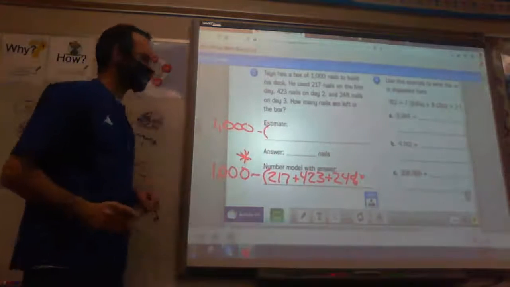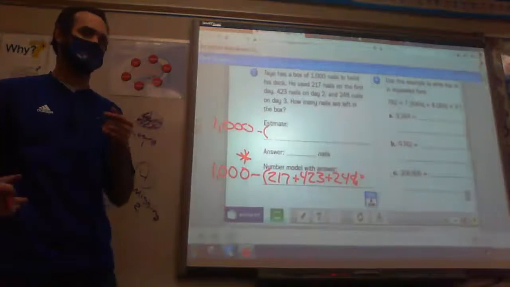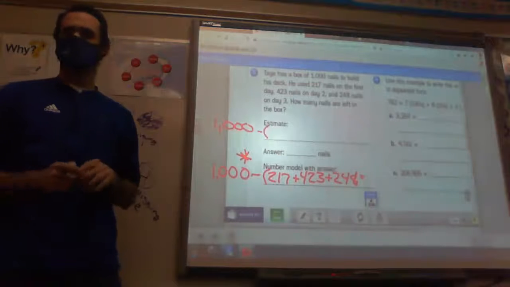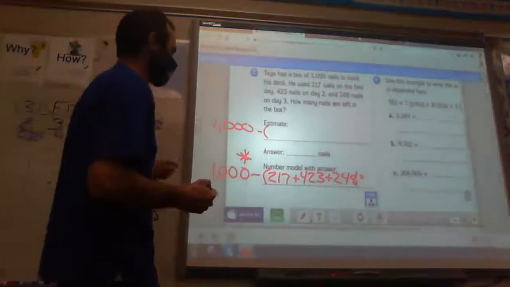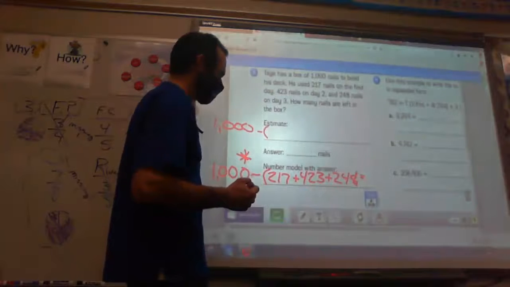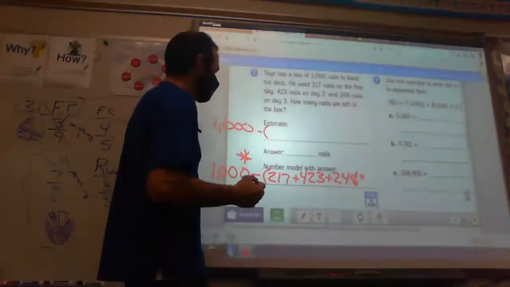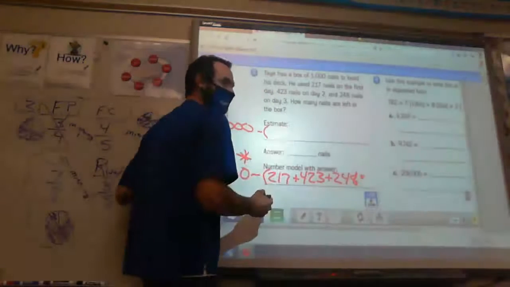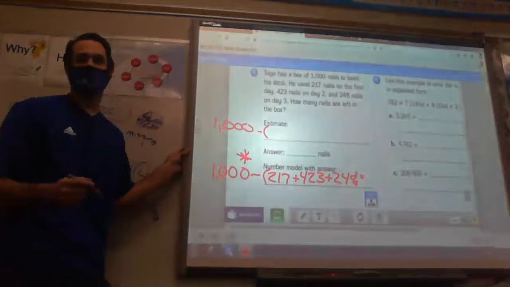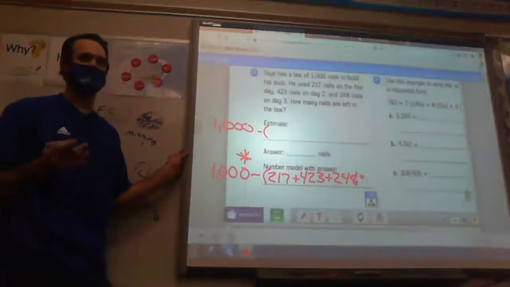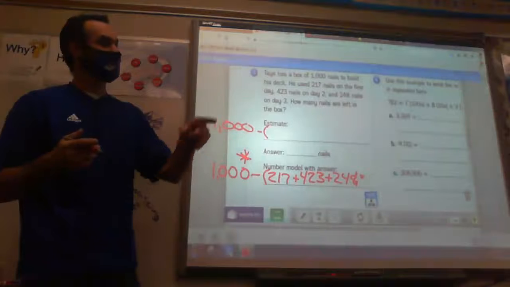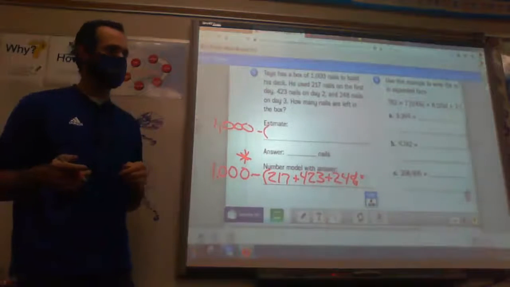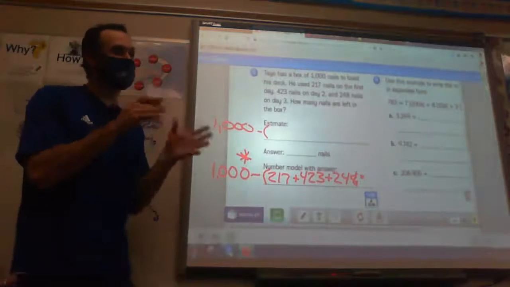Minus, instead of 217, what could you maybe change that to? Elizabeth, what would you change 217 to? Probably just 200. Okay, you could. You could definitely do that. Some of you might have rounded it to the nearest 10. If you rounded it to the nearest 10, what would you round it to? 210. Would 210 be terrible though? No, it's okay. Stay close.